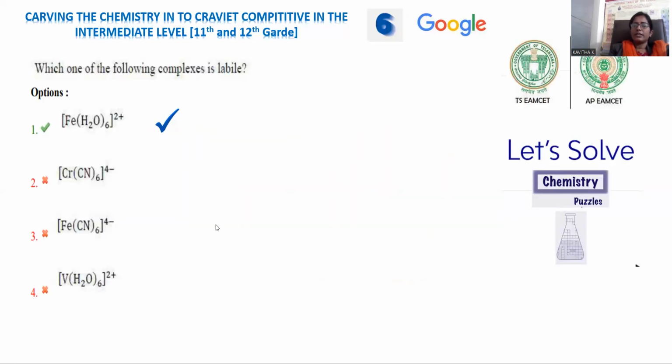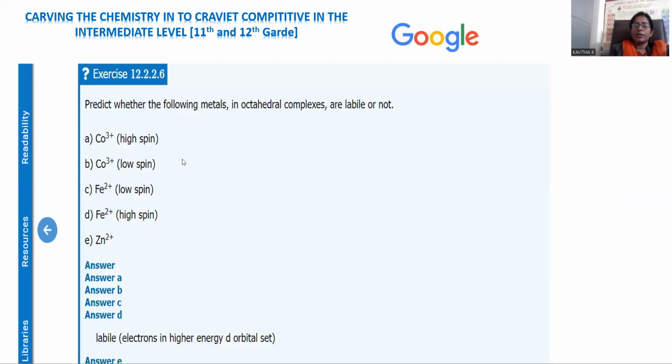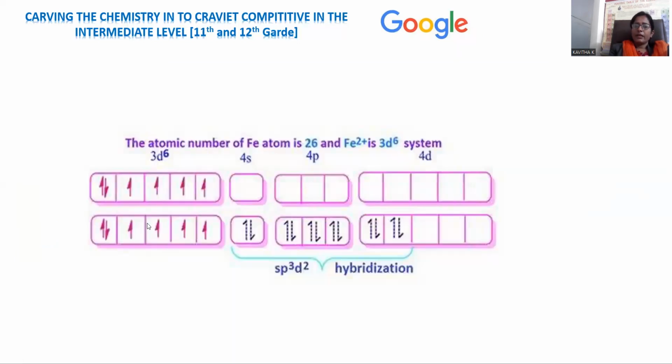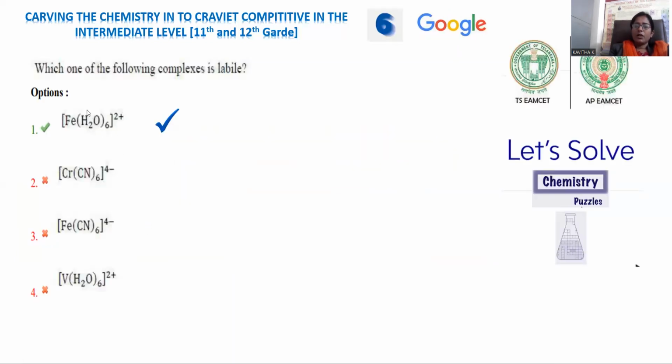Let's see how we can say it is the labile complex. In order to explain, this topic is collected from the Liber text, where octahedral complexes which are labile and which are inert, that data is provided by them. Among all, I'm selecting this Fe plus 2 high spin. Why am I saying high spin? Because water is a weak field ligand. Whenever a weak field ligand is there, the complex is said to be high spin.